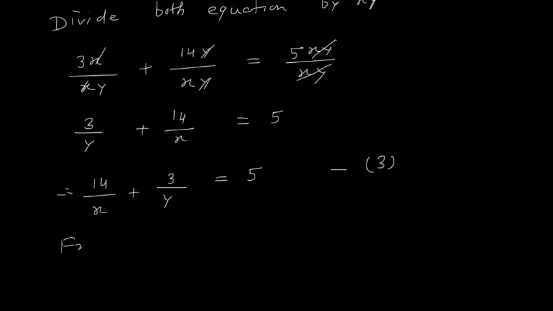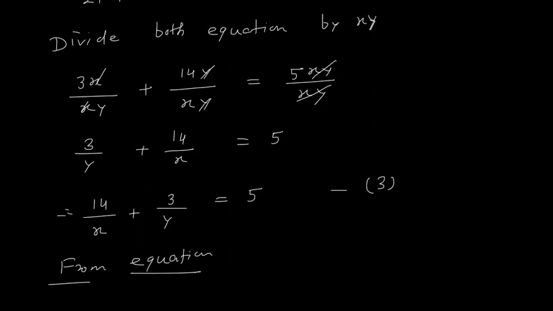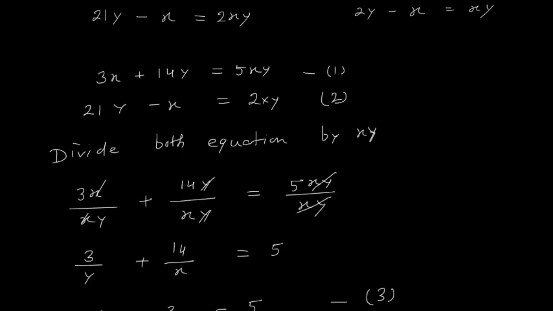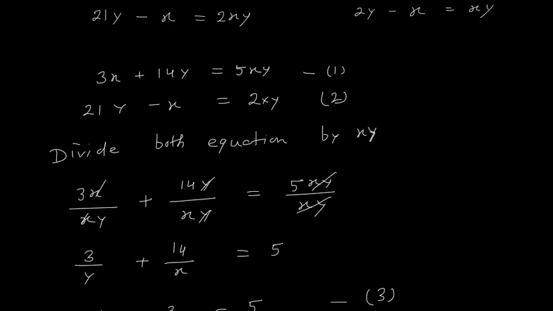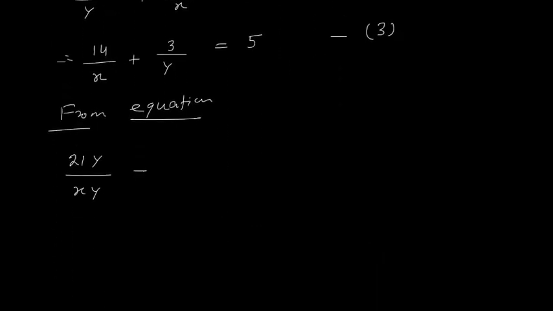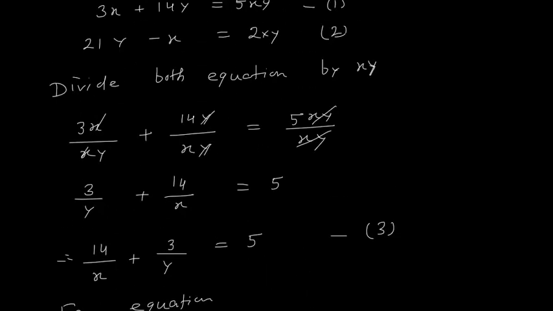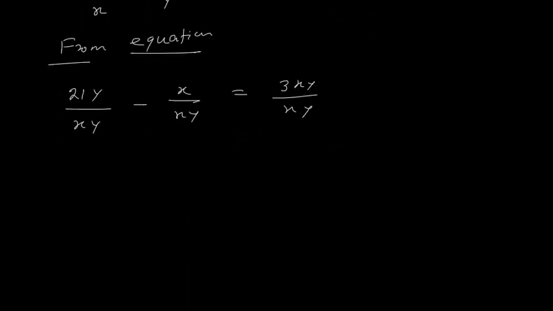Also from equation 2, I will divide equation 2 by xy. So I have 21y upon xy minus the next term x upon xy is equals to 2xy upon xy, not 3.